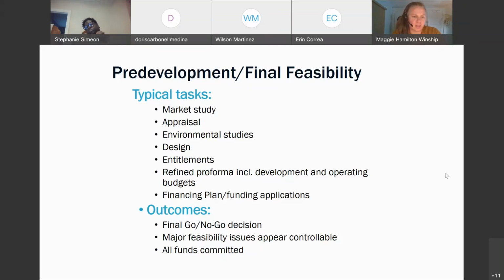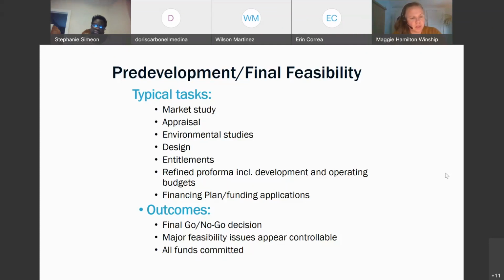Stephanie's going to talk to you a little bit more about a joint venture. But something I just want to emphasize on this slide before we move on is that whether or not you end up doing a joint venture, you're really going to want to have that one entity that is your development champion. It might be you once you've taken this class, or it might be your attorney, or your architect, but you want to see who has that experience.